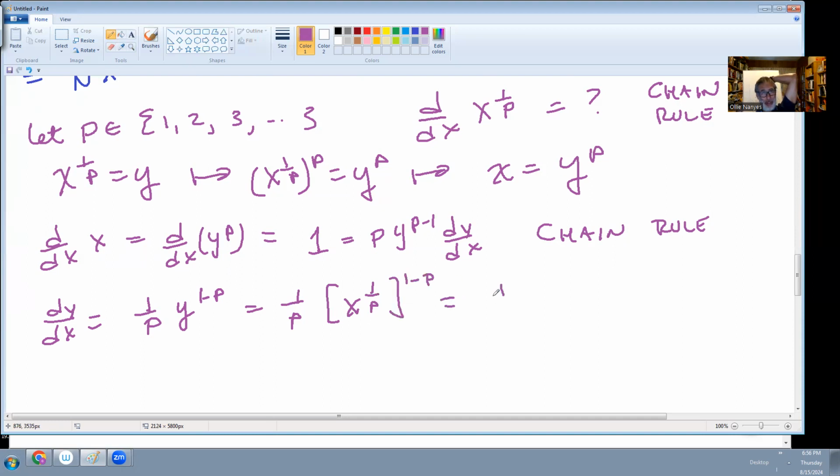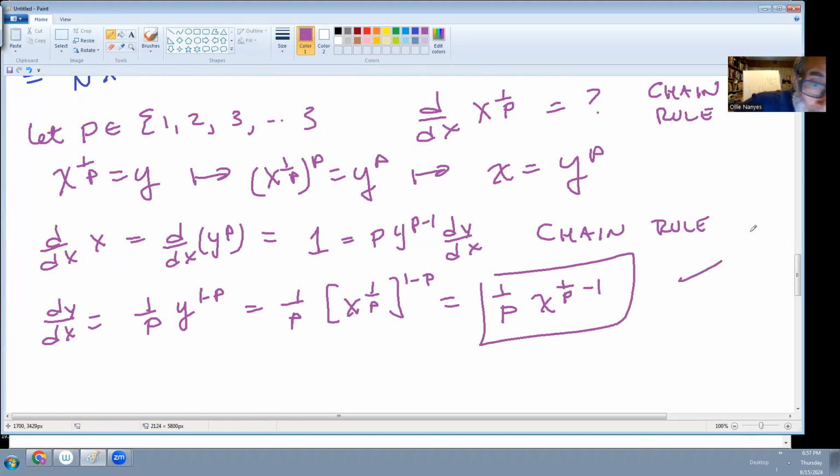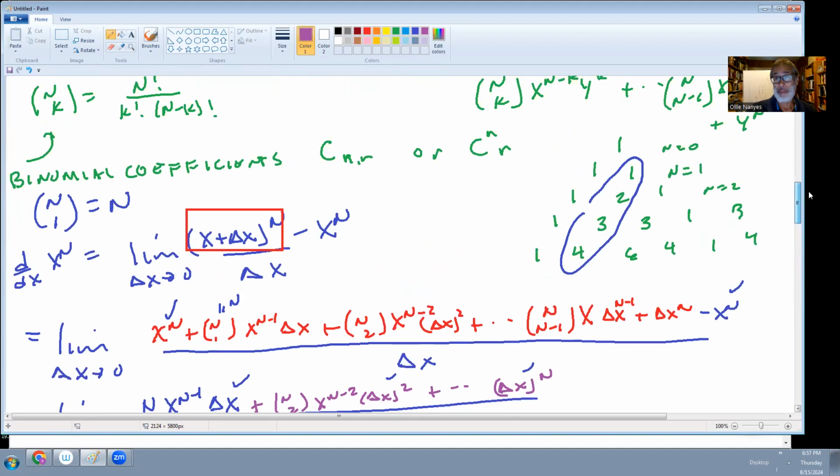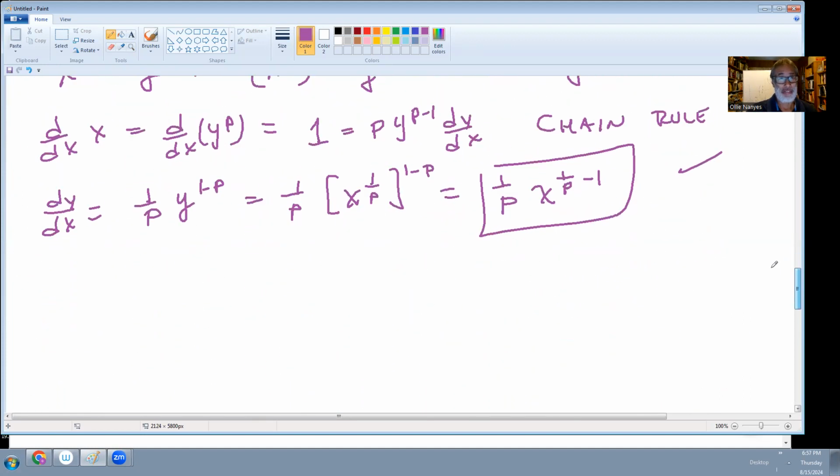And remember, powers multiply when they do like that. So it's x to the 1 over p minus 1, and lo and behold, that's what we wanted to show. So this is basically your pth root function derivative. Now there is another way of doing that. This is kind of the inverse function argument.